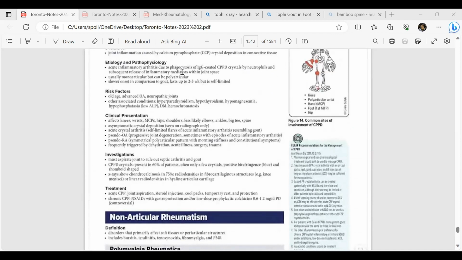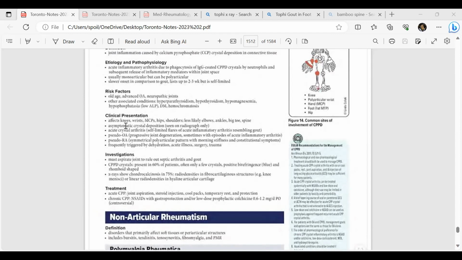It is associated with old age, advanced osteoarthritis, neuropathic joints, and other conditions: hyperparathyroidism, hypothyroidism, hypomagnesemia, hypophosphatasia with low ALP, diabetes, and hemochromatosis. Risk factors are osteoarthritis, hypothyroidism, hyperparathyroidism, and hemochromatosis.